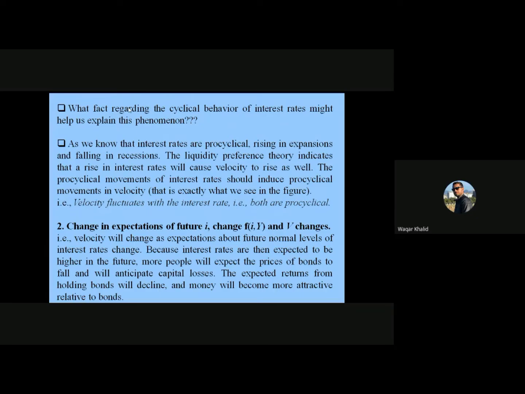The liquidity preference theory indicates that a rise in interest rates will cause velocity to rise. The pro-cyclical movements of interest rates should induce pro-cyclical movements in velocity. If the interest rate increases, velocity will increase. If the interest rate decreases, velocity will decrease.